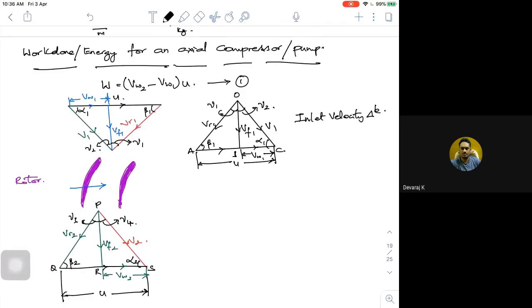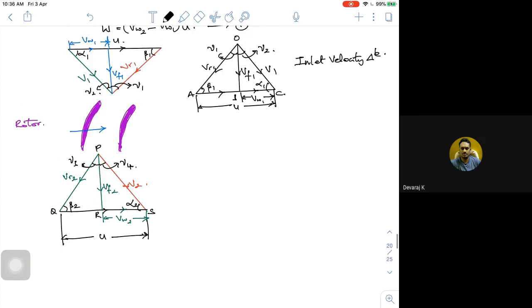Now consider the triangle OAC. What is my U? U is equal to AB plus BC. Agree?